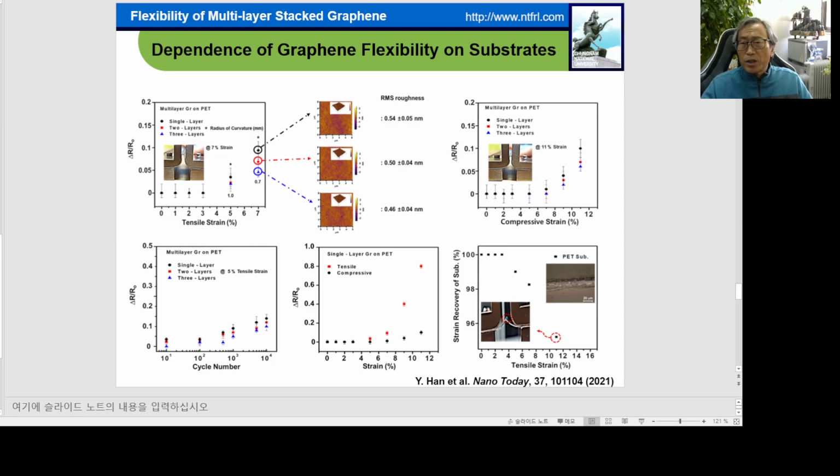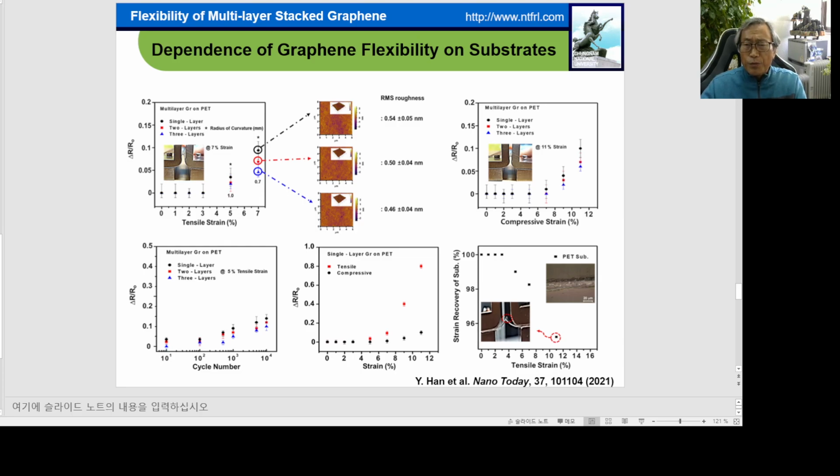From that, we can describe the cycling number for single layer, 2, and 3 layer stacked graphene. This is 10,000 cycle bending, and below 10% change is stable at 5% tensile strain.